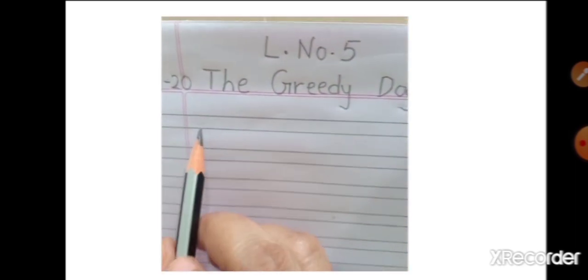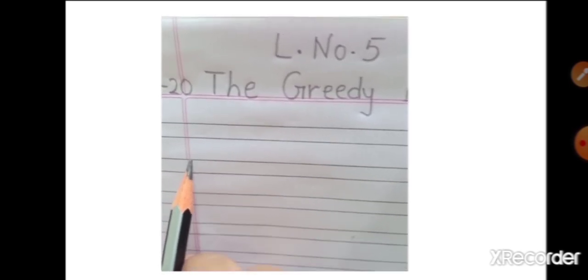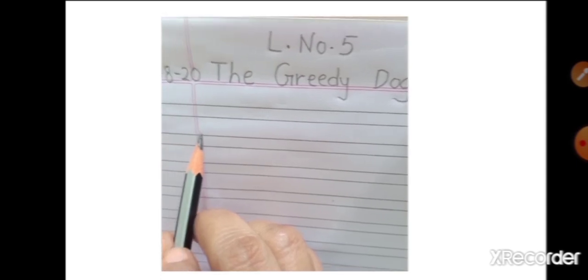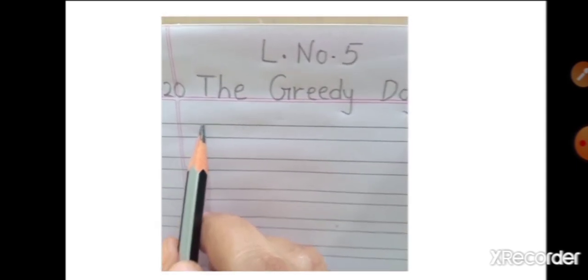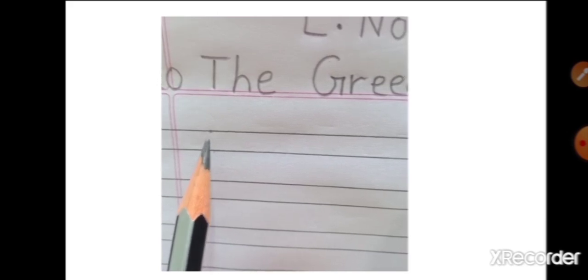Now you have the practice of writing in 4-lined notebook, and now you have to write in double-lined notebook. For that children, you have to remember that this is the second line and this is the third line. Always remember, this is the second line and this is the third line.